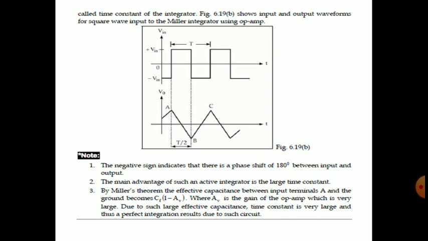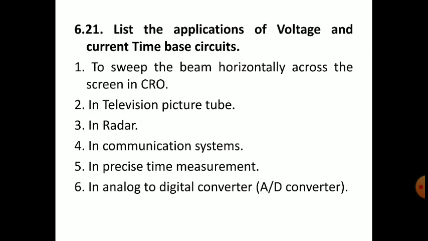Due to such large effective capacitance, the time constant is very large, and a perfect integrator results from such a circuit. For integration to take place, the time constant should be very large. Then only we will have perfect integration. So these are the important points regarding the Miller sweep circuit.